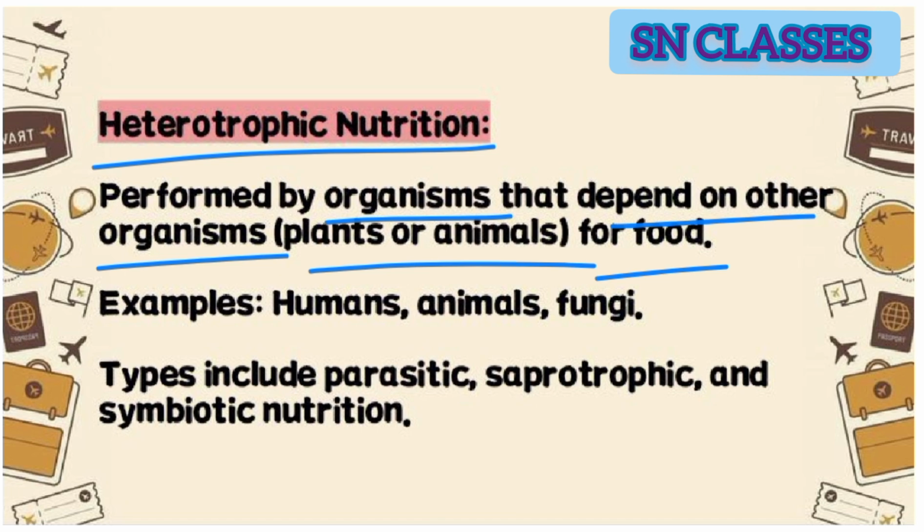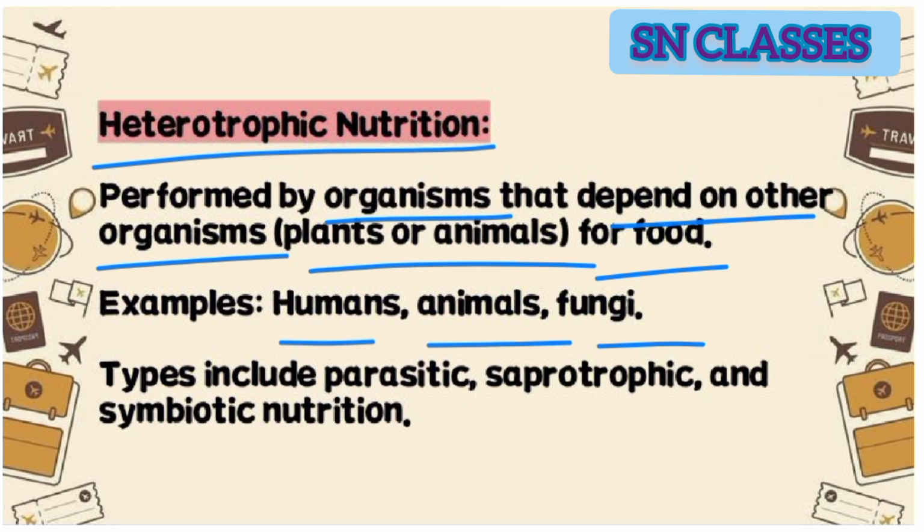So the organisms which depend on other organisms, it may be animals, plants or human beings, anything, for their food, that is called heterotrophic nutrition. The best examples are humans, animals and fungi. Other examples are also there; in the future classes or slides I will be dealing with them.